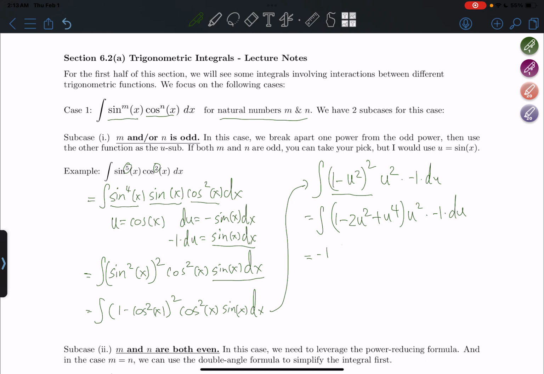Negative 1 integral, and then don't forget to distribute the u squared as well. u squared minus 2u to the fourth plus u to the sixth du. And now the integral simply becomes negative 1 times u to the third over 3 minus 2u to the 5 over 5 plus u to the 7 over 7, plus c.